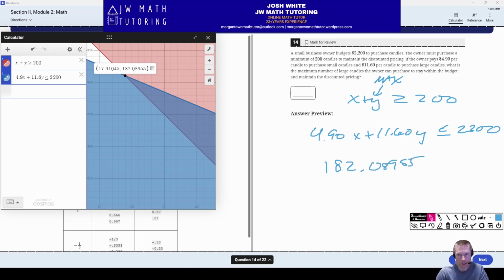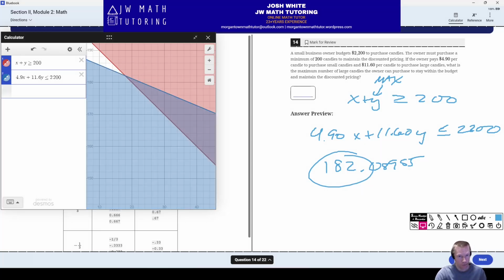But we're assuming that you can only purchase candles in whole unit increments, i.e. you can buy one candle, two candles, three candles. They're not selling half a candle or a quarter of a candle. So therefore, the answer would just be 182. Because that's the maximum number that you can buy within the solution set that would allow you to buy at least 200 but also stay under the budget price.